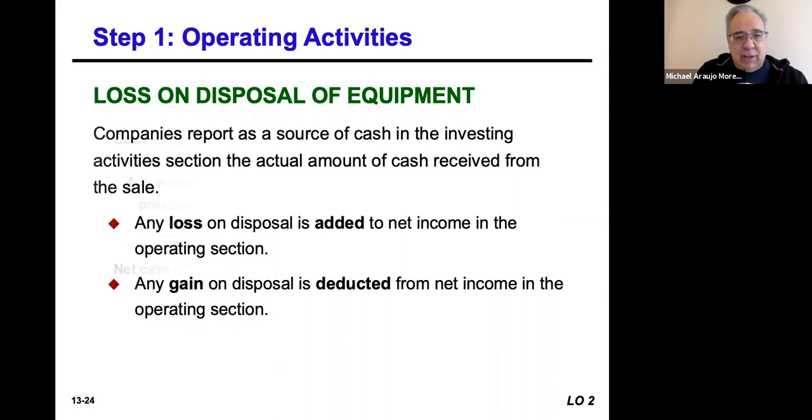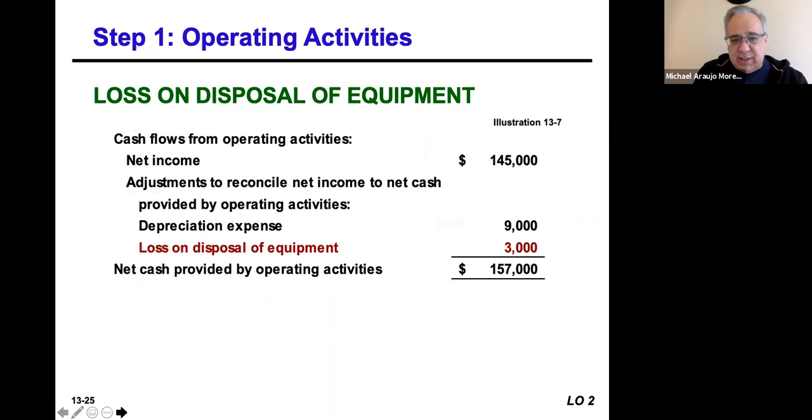And so basically, remember, a loss or a gain on the disposal of equipment is based on the book value of the equipment. And so this is where the accrual system says that everything has to get counted. The cash basis, nothing happened here. So it's not supposed to be part of the original statement.